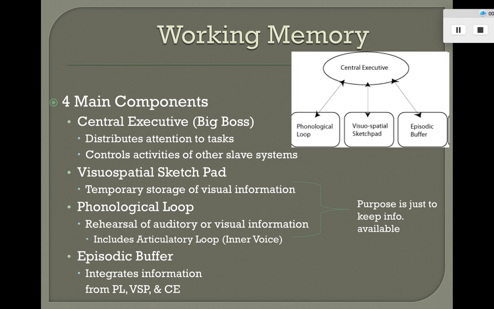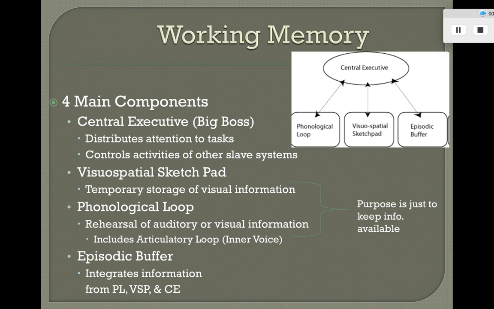So the purpose of both the visual spatial sketchpad and the phonological loop is essentially to keep information available for you so you can continue to work on that information. All right, that's really the idea. So even though that information may potentially be gone or it continues to change, at least here you're continuously processing some of that information.